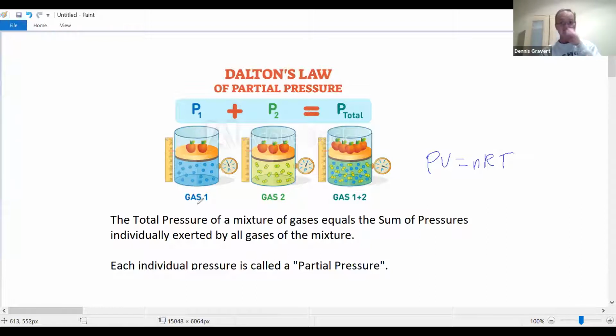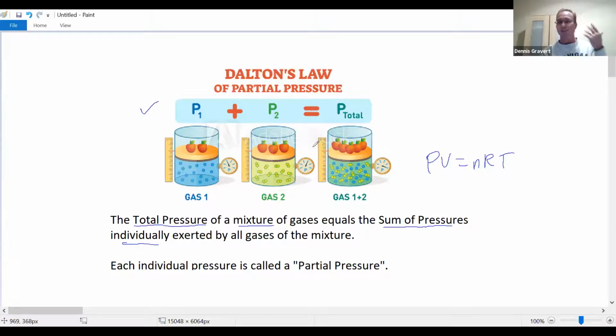For now, I just need you to know that this is Dalton's law. And it simply says down here that the total pressure of the mixture is equal to the sum of pressures of the individual gases. So gas number one, what's its pressure? Add it to gas number two's pressure, and those add up to the total.